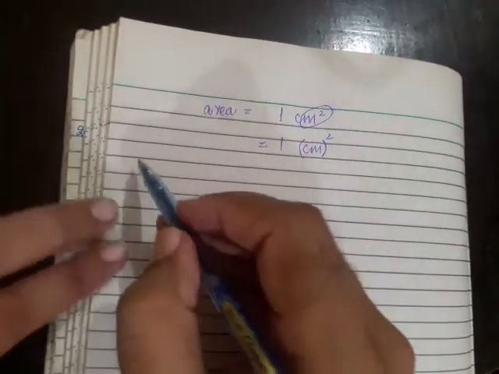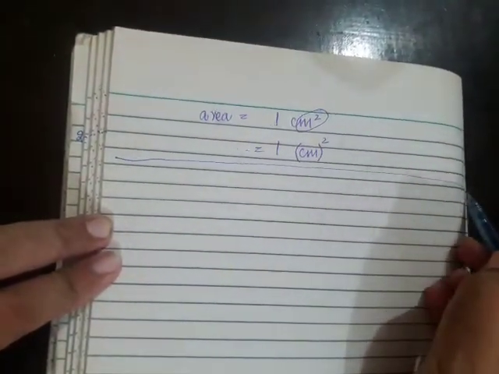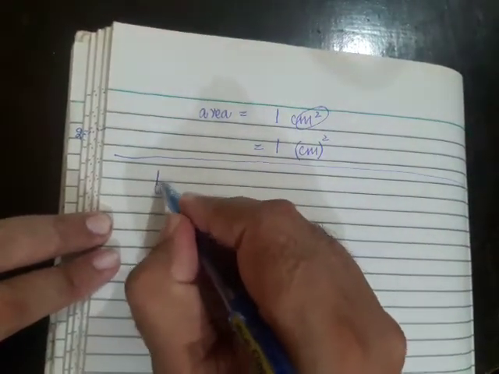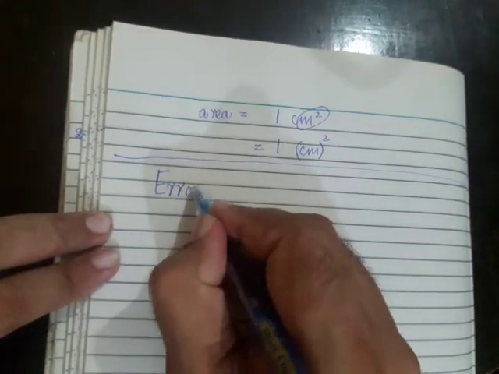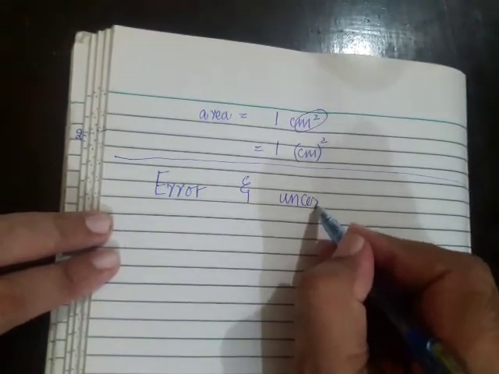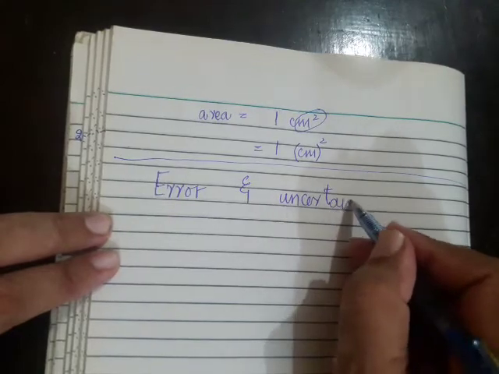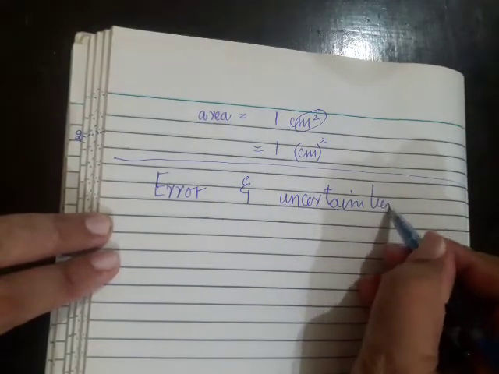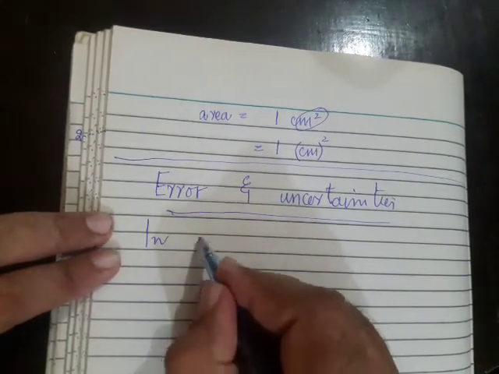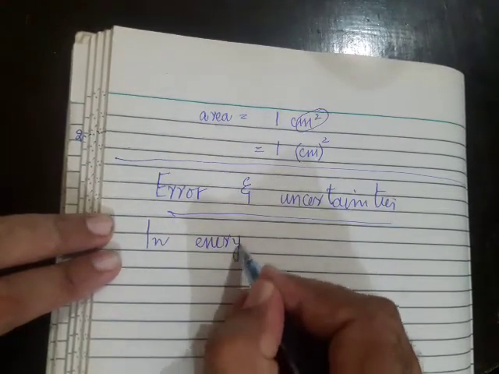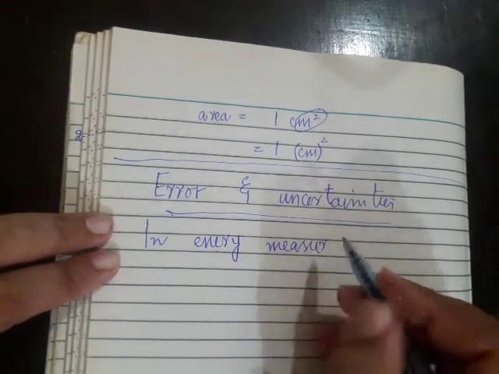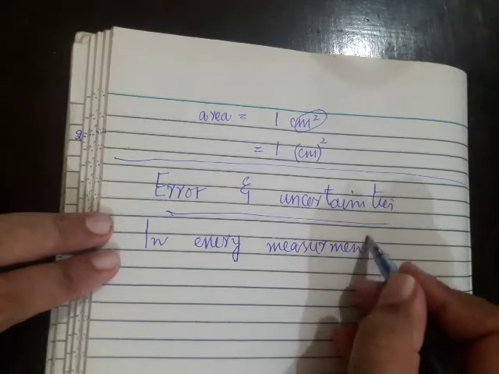Our next topic is error and uncertainties. In every measurement or reading or experiment, there exists error.